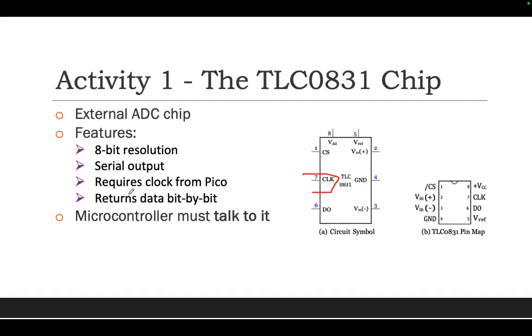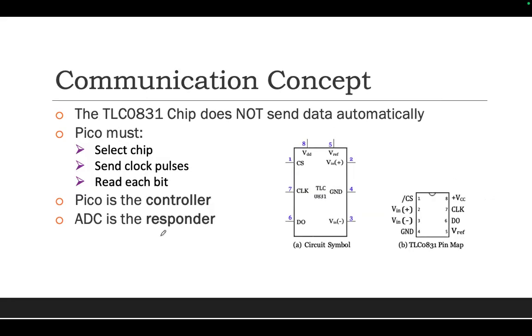Yeah, and also it returns data bit by bit, which means it will send one bit of data for each clock signal. Yeah, which means the microcontroller must talk to the chip and then finish reading the binary number. Yeah, okay, let's continue to talk about the communication concept.